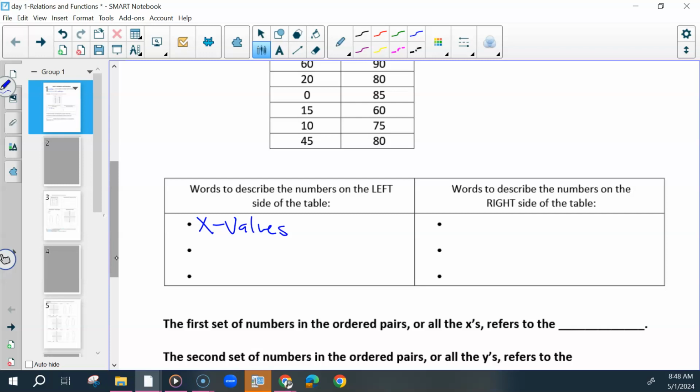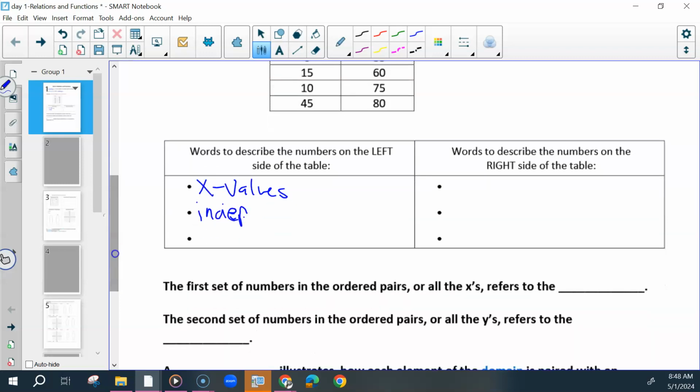Independent variables. There's one other way we can describe an x that will be part of how we describe an x, but not what this part is looking for. Think about if you had some equation and you were putting things in for x to get out some y, that would be an input.